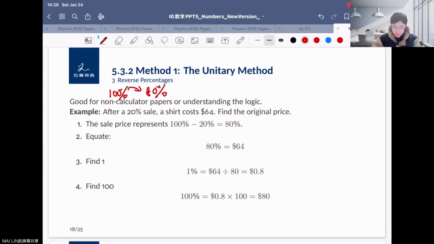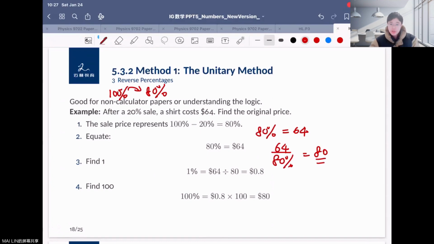So 80% of the original price equals $64, and the original price is $64 over 80%. The final answer is 64 over 8 times 10, which is 80. So the original price is $80.